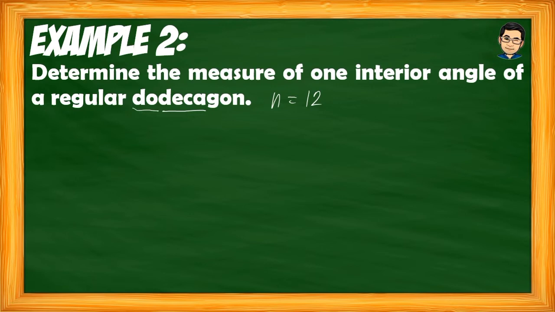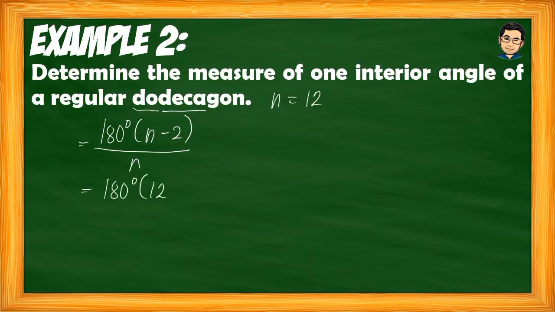So we'll use the formula 180 degrees times the quantity of n minus 2 all over n. So 180 degrees times the quantity of 12 minus 2 all over n. And then 12 minus 2 is 10 all over 12.